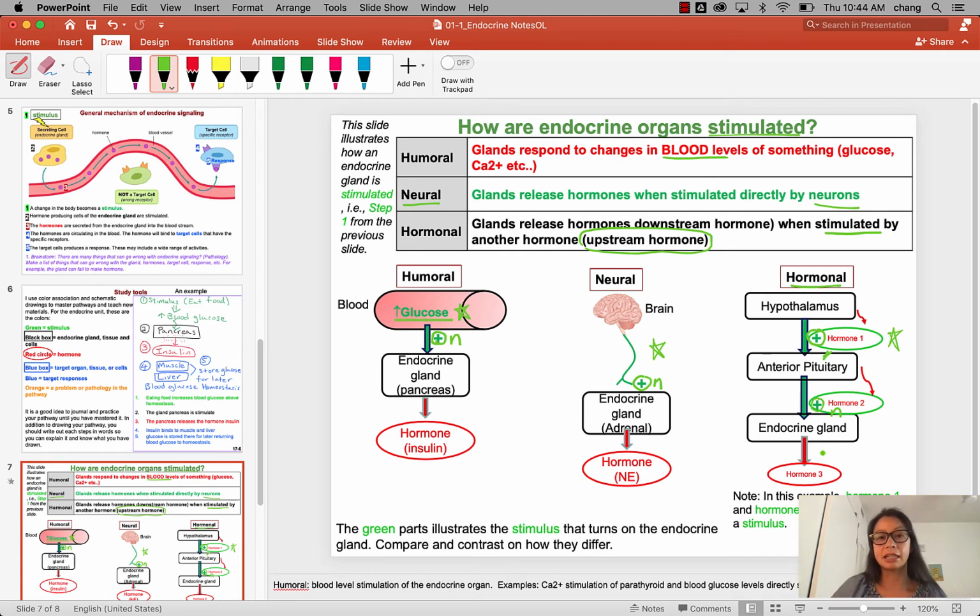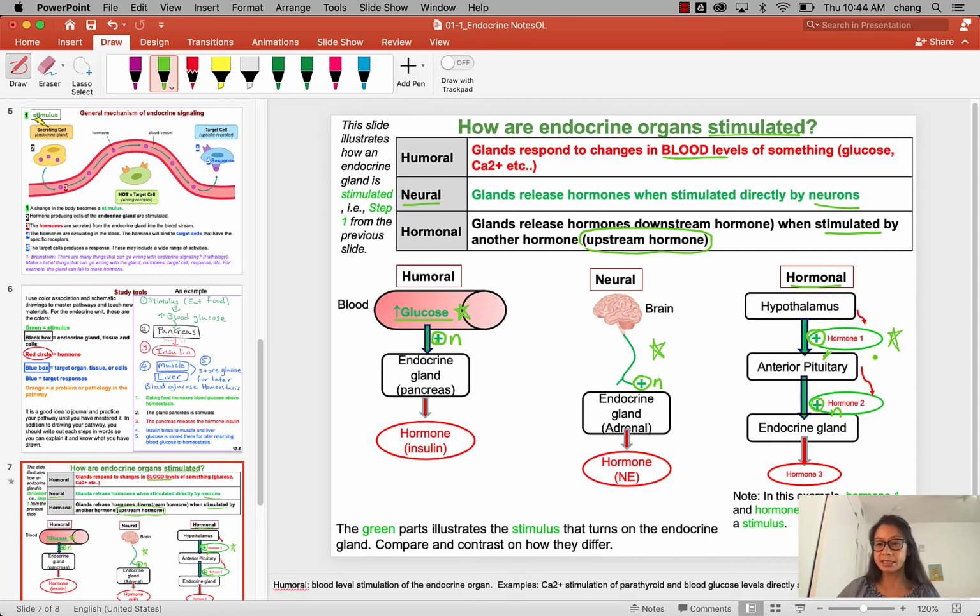Thyroid stimulating hormone released by the anterior pituitary stimulates the thyroid gland to release thyroid hormone. What kind of stimulus is this? TSH is a hormone, but it's stimulating the thyroid gland. So it's a hormonal stimulus.